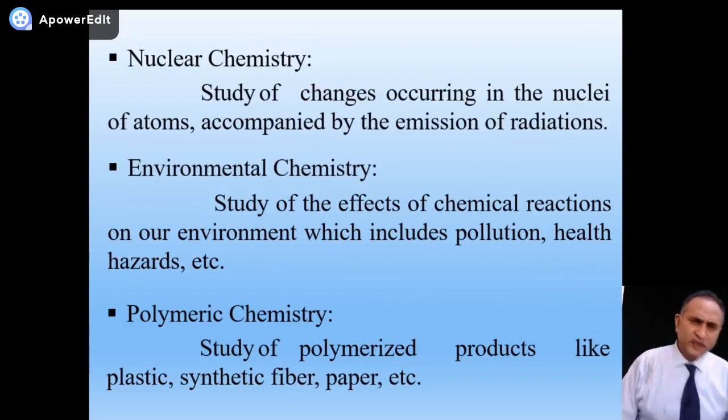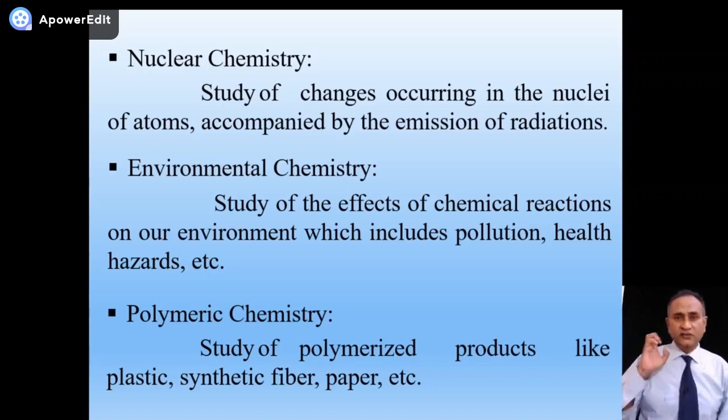Now the last three. Nuclear chemistry, as is obvious from its name, is the study of changes occurring in the nucleus of an atom. Remember, besides electrons, we can find all other particles in the nucleus of an atom. So if there is any change in the nucleus of an atom, that change is studied under nuclear chemistry.